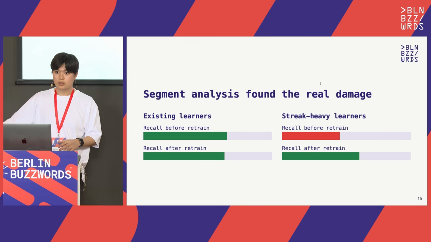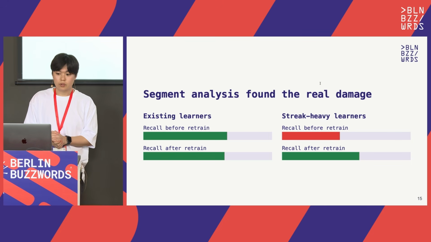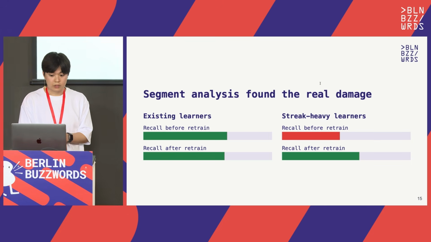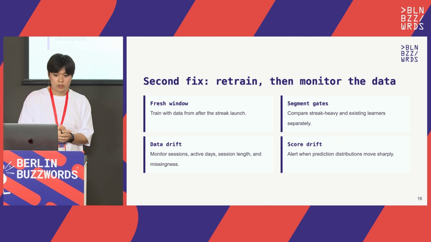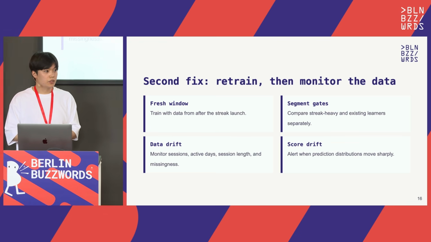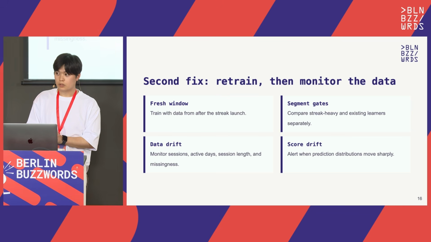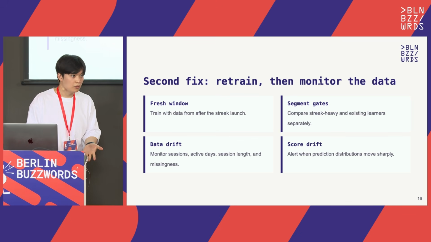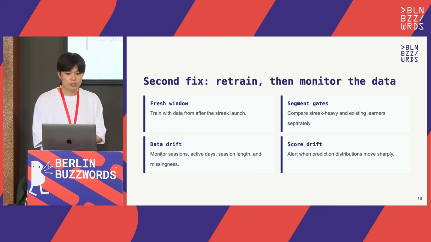However, for this new pattern, streak-heavy users, the performance increased significantly. So as a fix for this stage, we need to continuously feed the model new, fresh data.